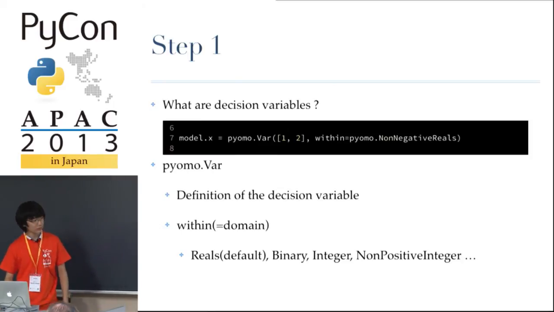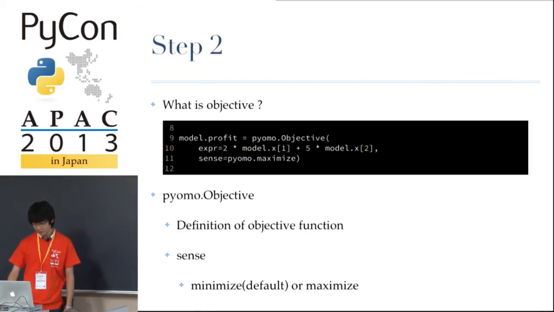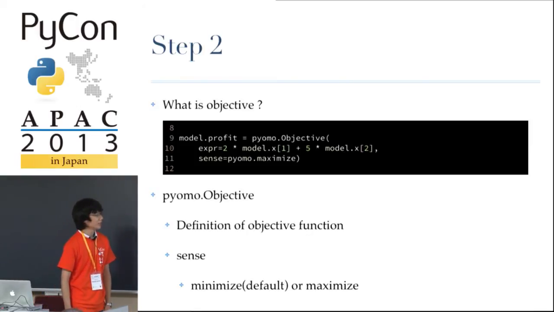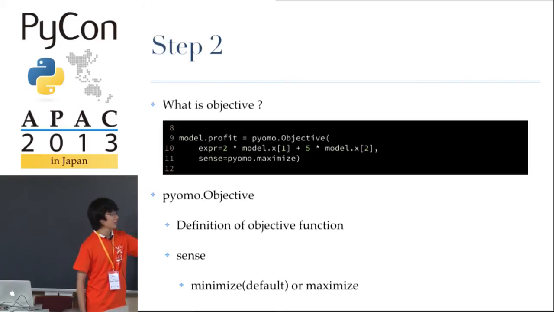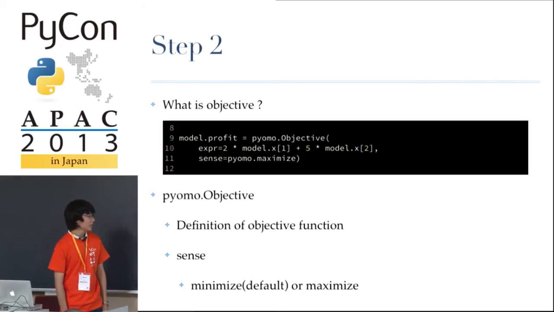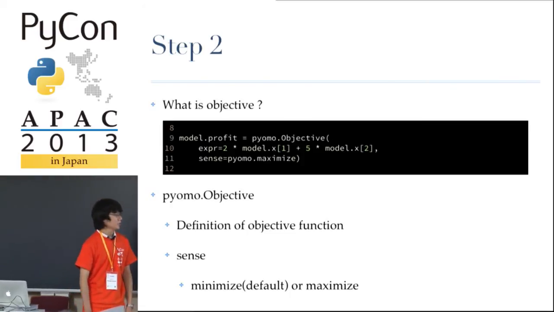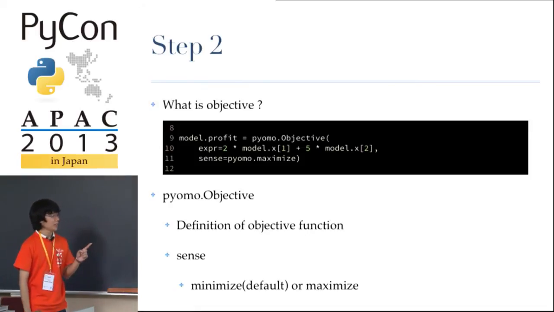Okay. Next, we define the objective function. We can use Pyomo Objective. It is the definition of the objective function. There are two kinds of optimization problems: maximize and minimize.